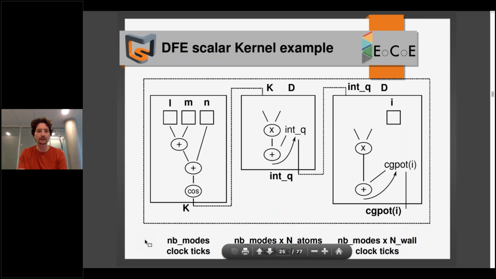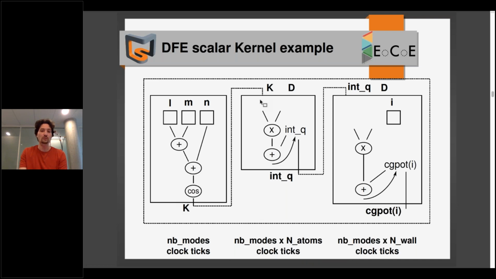The boundary here is the boundary of the FPGA, and inside it I will implement 3 different kernels. The first one is simple counters that will generate a stream: the 3 loops in L, M, and N. We compute L plus M plus N and take the cosine of it to get the value of K, which is the output of this kernel.